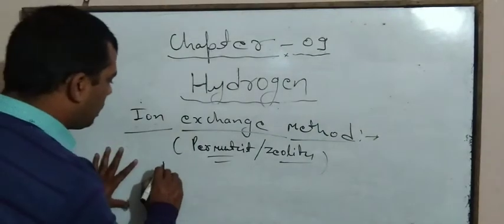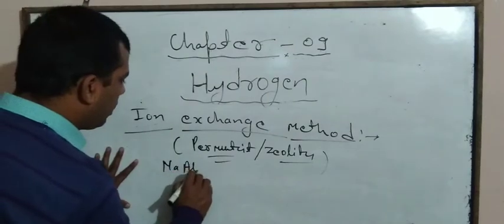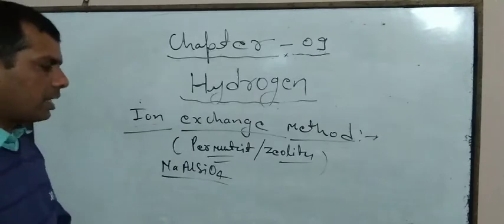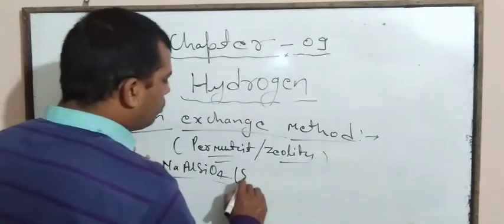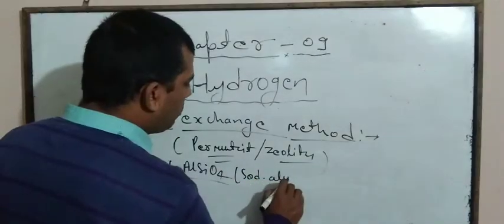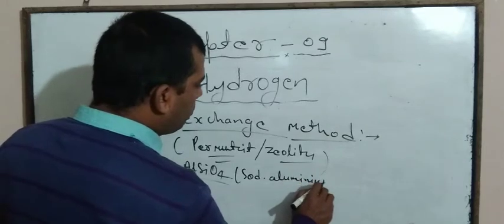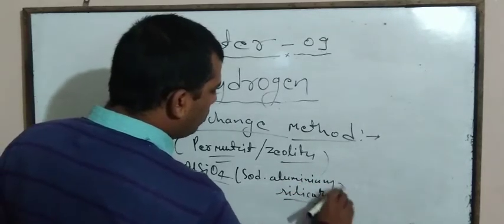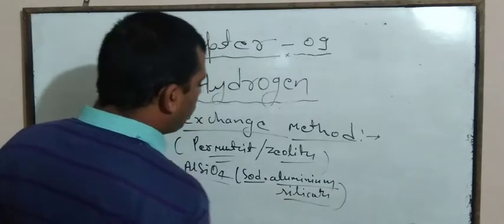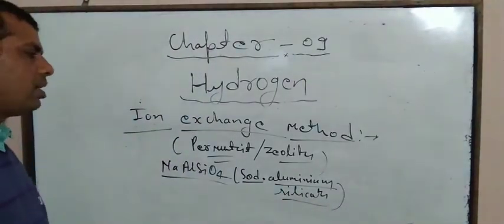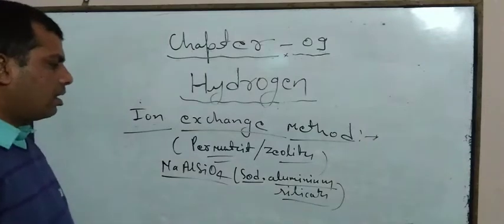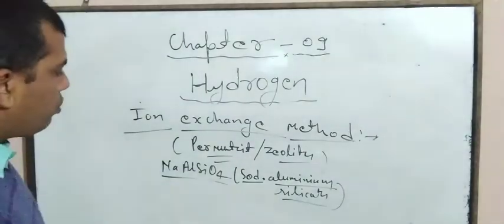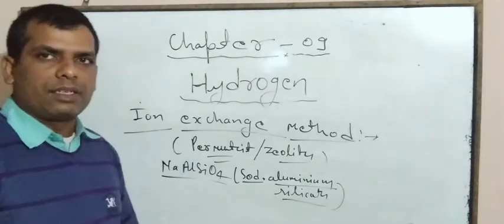It is a permutit or zeolite, or it is known as sodium aluminum silicate. It is also represented with the help of NaZ.